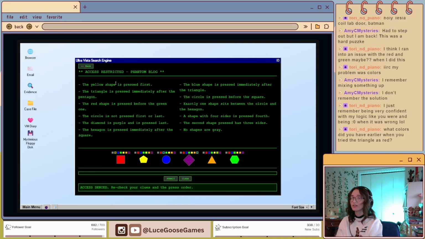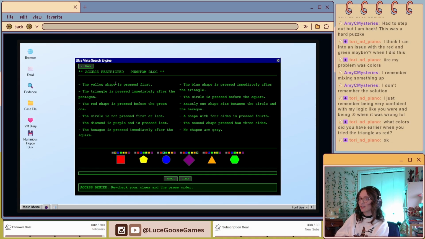I switched the square and the triangle. So the square was orange and the triangle was red. And I don't remember why I did that. I think because I don't have any information about orange, and so it's the only one that I couldn't confirm to be right.